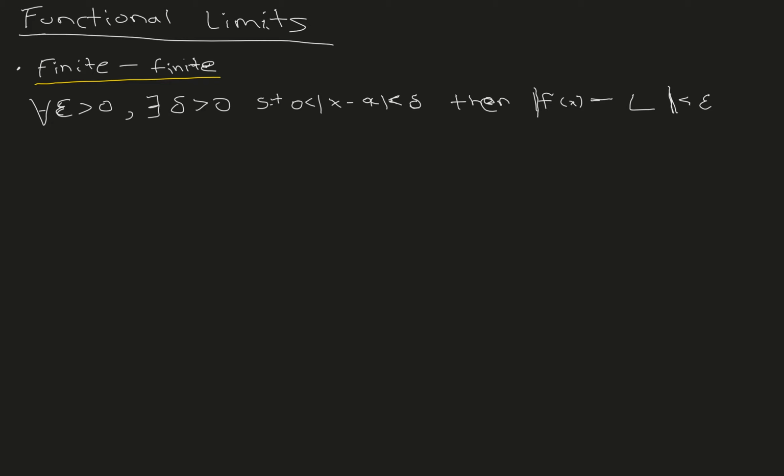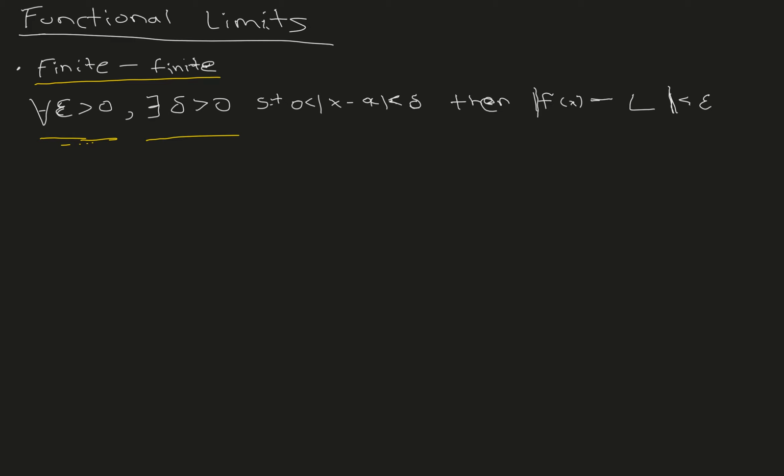So if you have ever seen a definition of a limit before, it would have probably been this one, this pretty famous one. So let's see what it basically means. It says that for all epsilon greater than 0, so this looks so familiar to the one for the sequences, but instead of there exists an n, over here there exists a delta greater than 0.